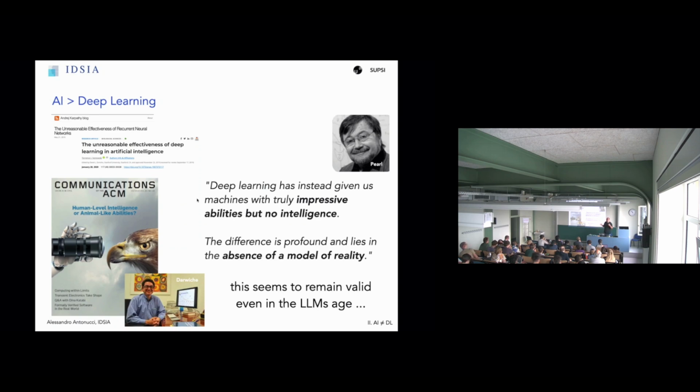And what I like very much: this guy is a guy in probabilistic modeling, and he wrote this white paper commenting on the success of deep learning, which was amazing, but was especially related to computer vision, now natural language processing, and I would say natural language understanding.